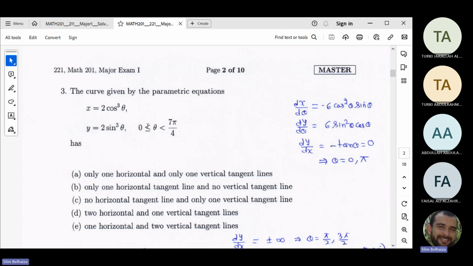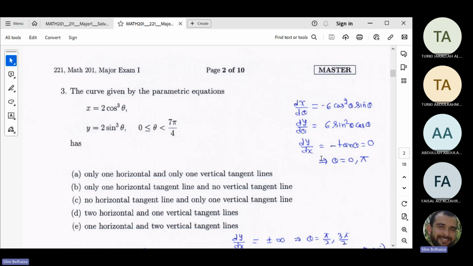First of all, when theta equals 0, I have x equals 2 cosine cubed of 0. The cosine of 0 is 1, so x is 2. And y equals 2 sine cubed of 0, which is 0. So I'm at the point (2, 0).